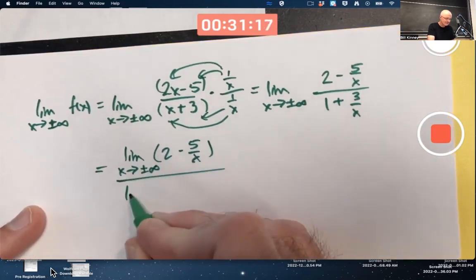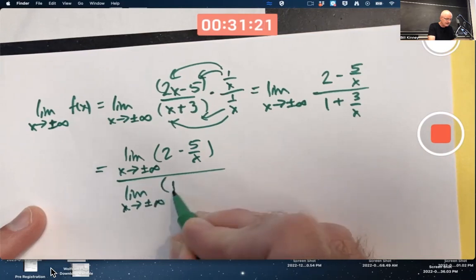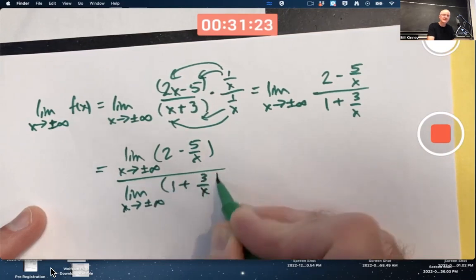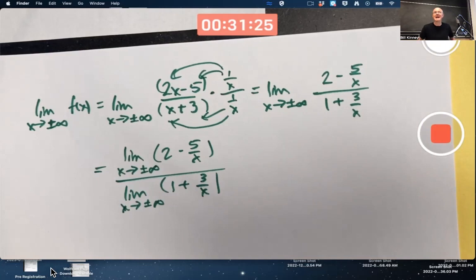Like this. That's a property of limits. That is true as long as the limit on the bottom is non-zero, so I'm not dividing by 0. And in writing this, I'm implicitly assuming it's not 0, and that is correct. It's not, it's 1. I'm not going to be quite that picky about it.